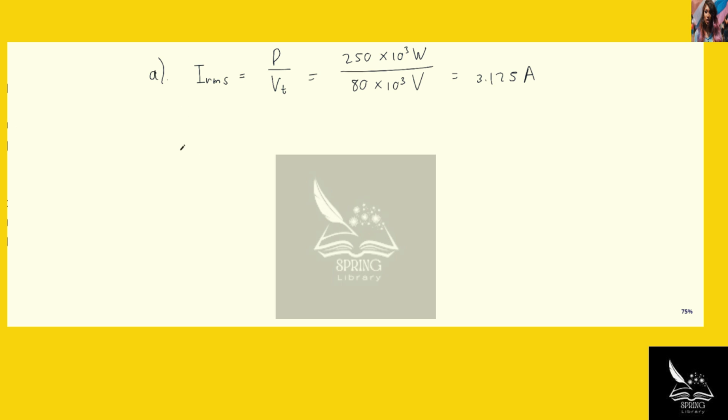And therefore, the RMS voltage drop, ΔV, is equal to the RMS current, IRMS, times the resistance R, which is 3.125 amperes times 2 for each cable times the resistance 0.3 ohms. And so this gives the voltage drop to be 1.9 volts.